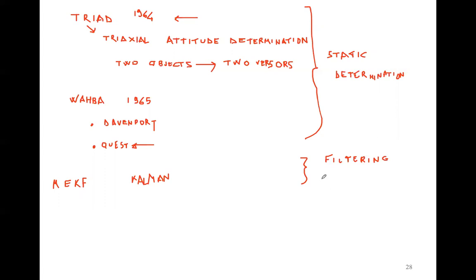So, filtering of the a priori, so of the propagated previous information, plus the processing of the new observation, and this is the main difference between these two families.